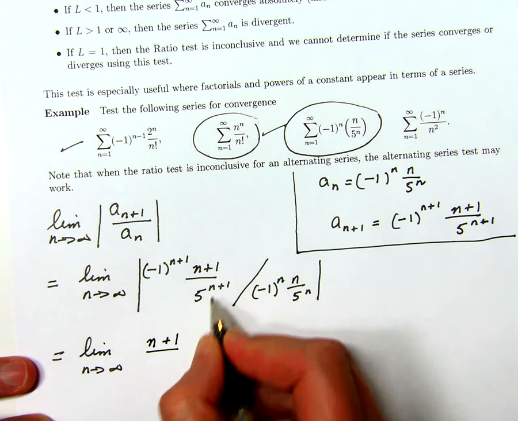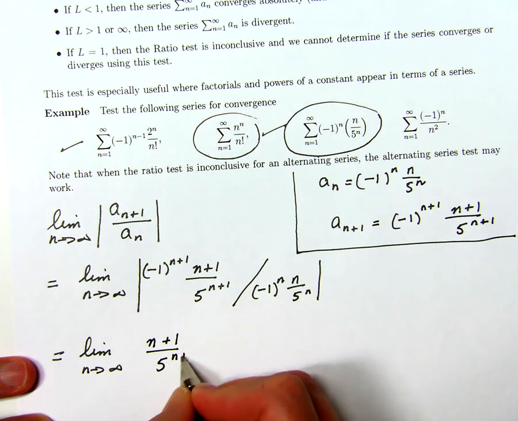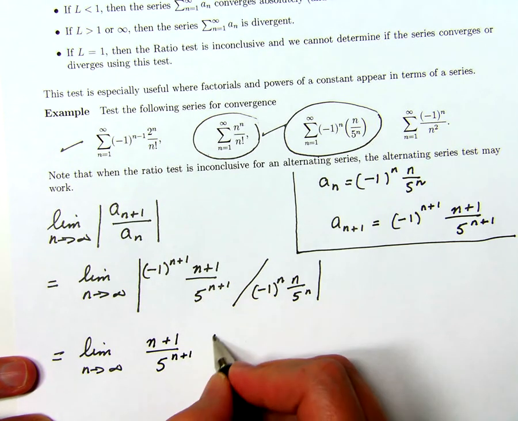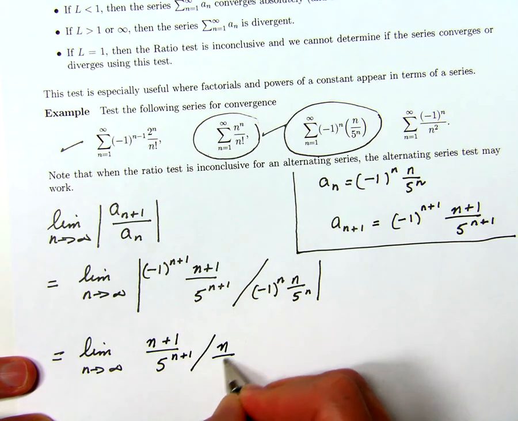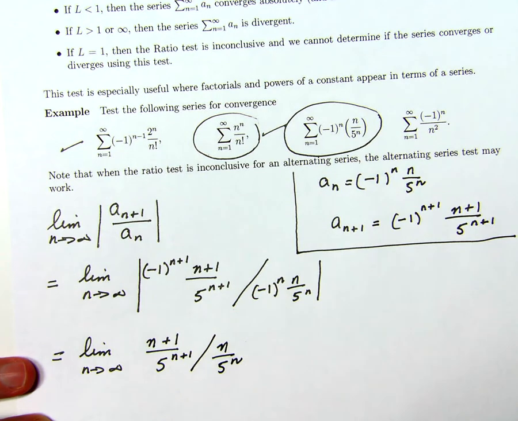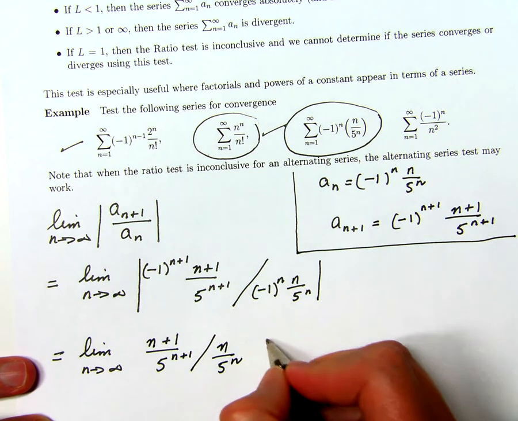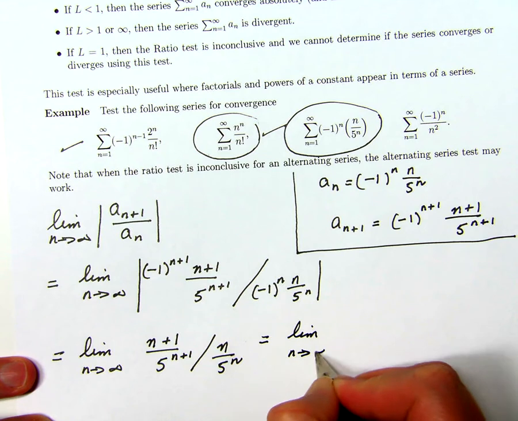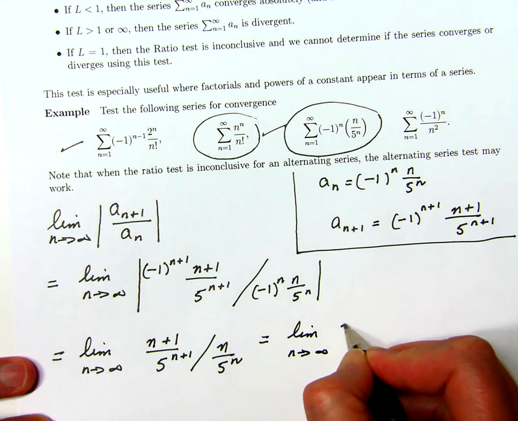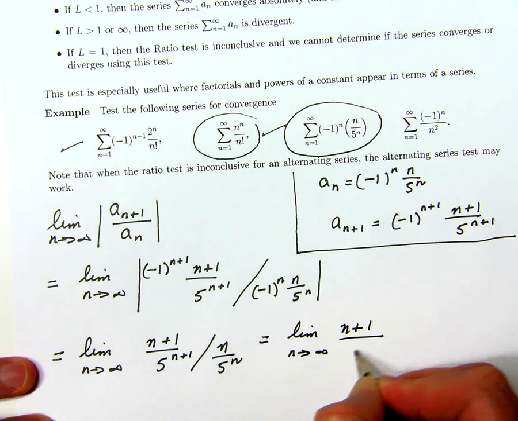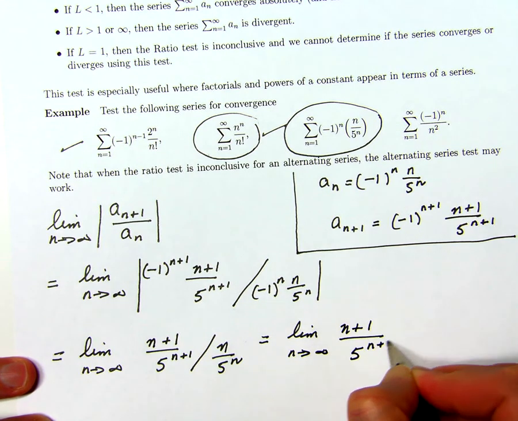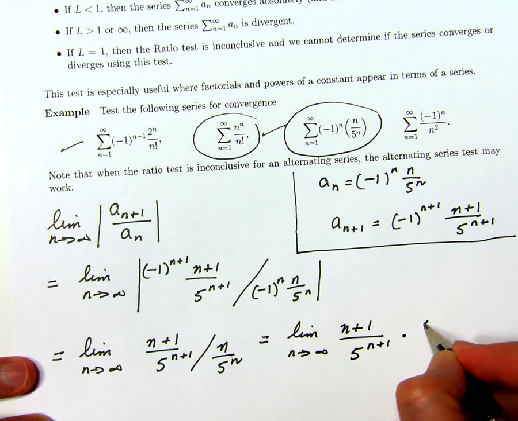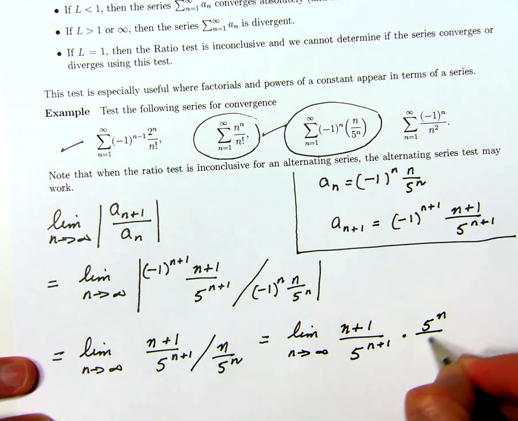And this is (n+1) over 5^(n+1) divided by n over 5^n. And now I can invert this fraction, get the limit as n goes to infinity of (n+1) over 5^(n+1) times 5^n over n.